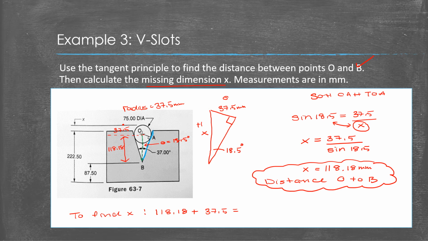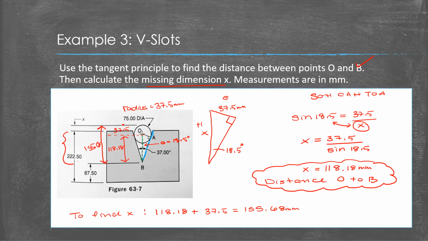Yes, I did write it down. Good. 155.68 millimeters. Okay, so now we know the distance all the way here is 155.68. So that goes up to the top of x, and we just need to subtract this little bit.